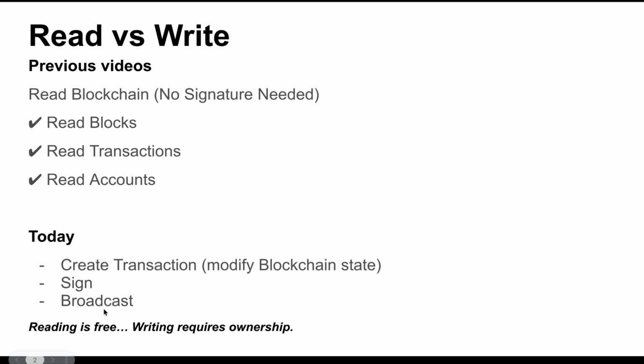Anybody can read, anybody can have access to what's on the blockchain, but for you to be able to write to a blockchain, you must have your private keys to sign what you're writing, and this usually costs a gas fee. I don't know if I've explored gas fees in previous videos, but we are going to talk about it in this video because it's needed for transactions.